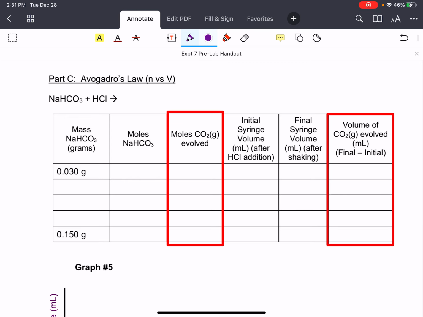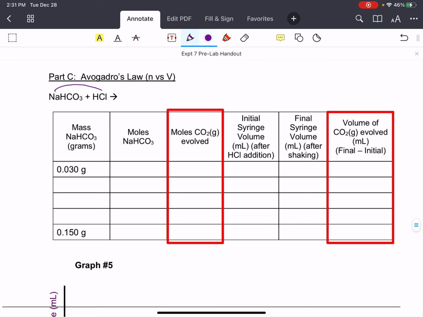So in this experiment, what we're going to be doing is actually performing a reaction and seeing the relationship between the moles of gas evolved and the volume of gas that's generated. So the reaction is fairly straightforward. It's a gas evolution reaction, also an acid-base reaction.